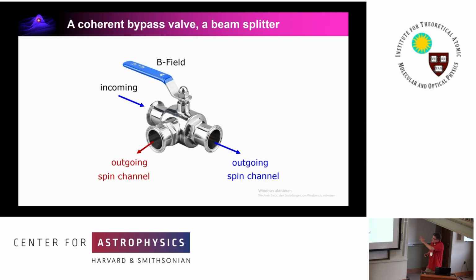Now, this is very mechanical and easy to understand. Of course, in the end, it should really be a coherent process. So, that's what I show like this. So we have a tunable, coherent beam splitter here.